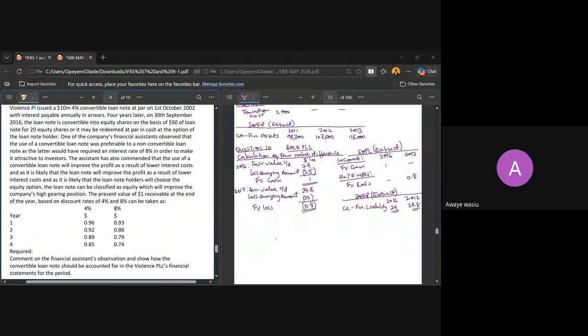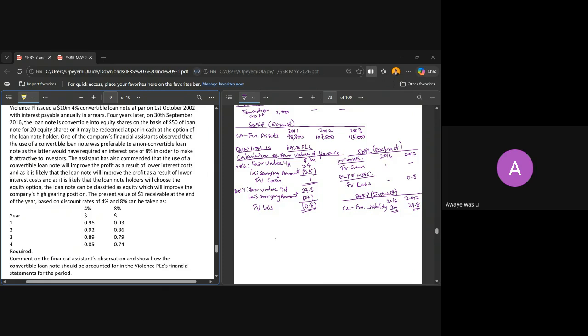PIE issued a 10 million 4% convertible loan note at par on 1st October 2002, with interest payable annually in arrears. 4 years later, on 30th September 2016, the loan note is convertible into equity shares on the basis of 20 equity shares for every $50 loan note, or it may be redeemed at par in cash at the option of the loan note holder.